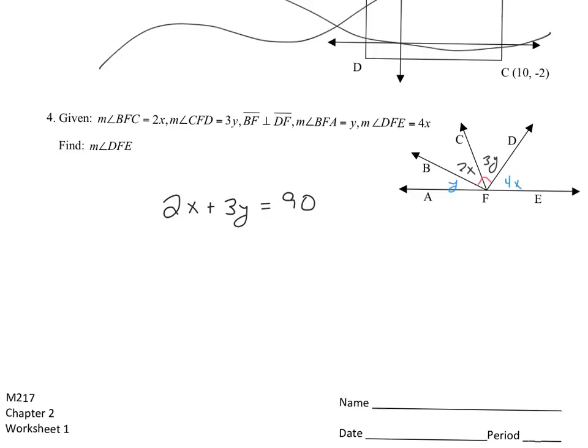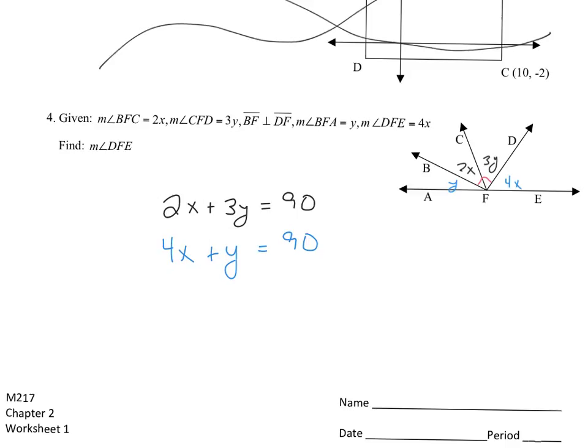So y and 4x would add to 90. The other way to do it is to add all 4 angles and set it equal to 180 because, again, AFE is a straight angle. So I'm going to stick with the smaller numbers. Knowing that 90 has already been taken care of, the y plus the 4x, so I'll just do 4x plus y is also equal to 90.